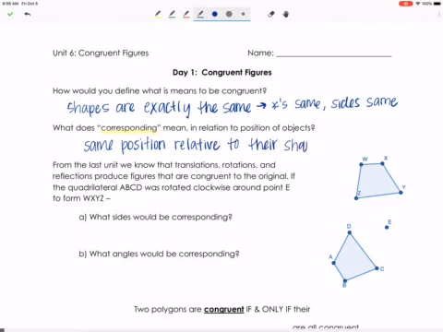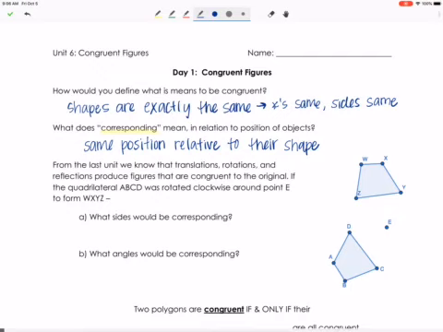So, for instance, if I had two triangles and they're both oriented the same way, when I talk about corresponding, I would mean both top angles, or I would mean both left sides. Okay, so just think corresponding, same position.